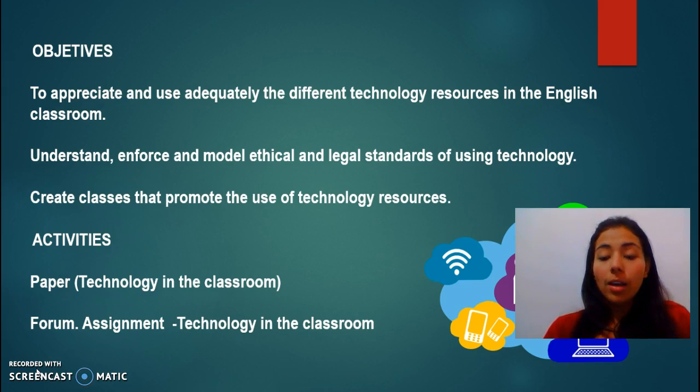And I made two activities: technology in the classroom, and in the forums, technology in the classroom. This unit was very important, very interesting in my learning process for teaching English.